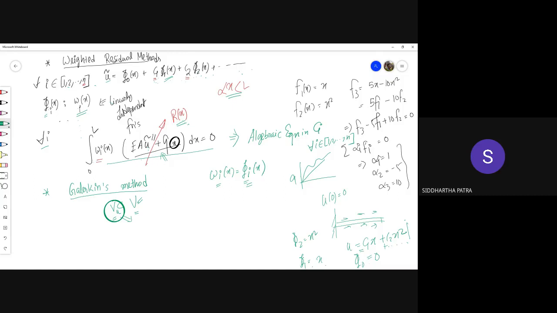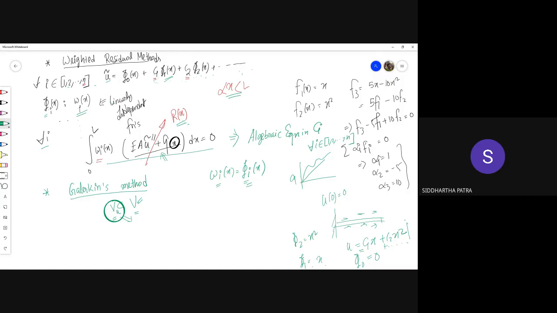If q is linearly varying, quadratically varying, sinusoidal, anything, it is going to be an approximate solution. But an approximate solution could be anything, right? That depends on how much the error is.